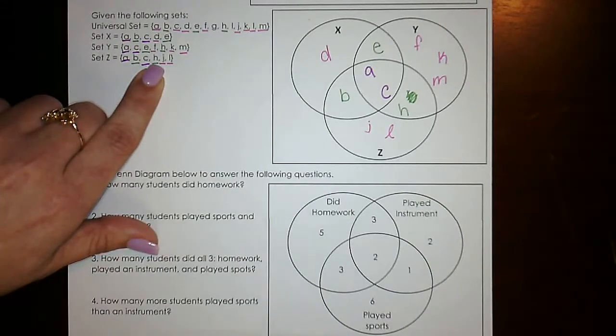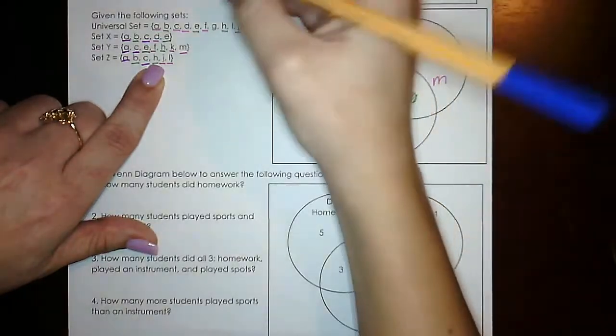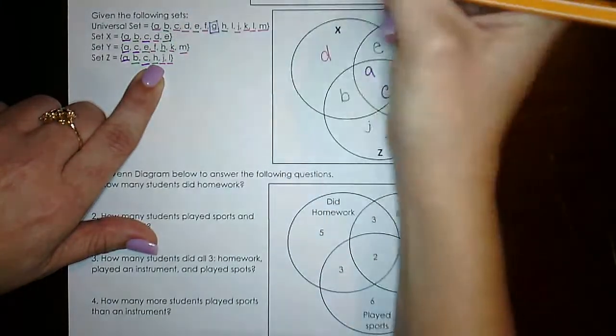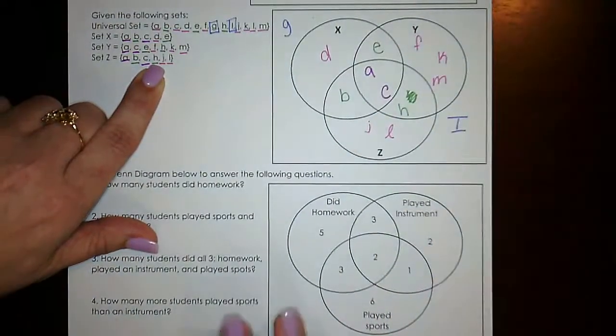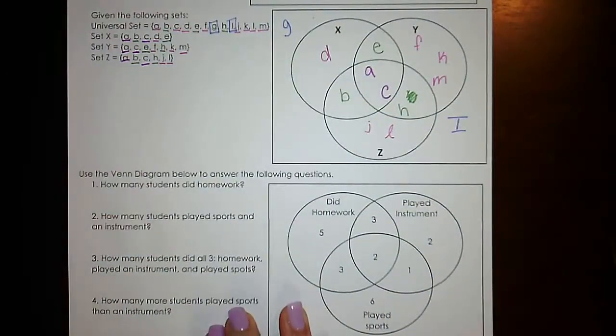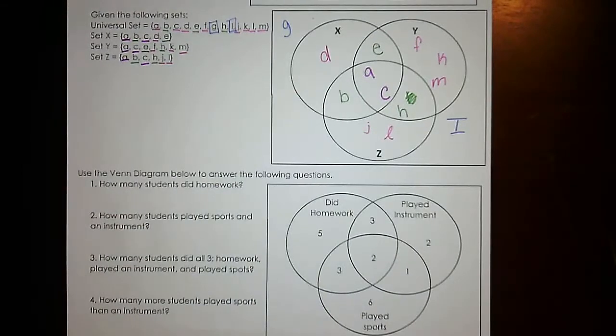So what is left in those pieces? And we have a G and an I. And that's it. So again, start with the middle and work your way out.